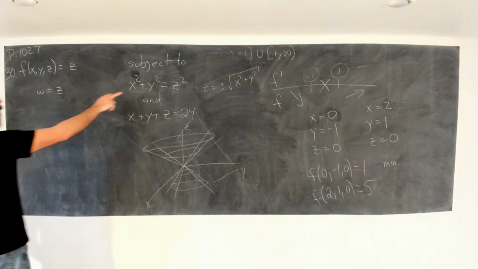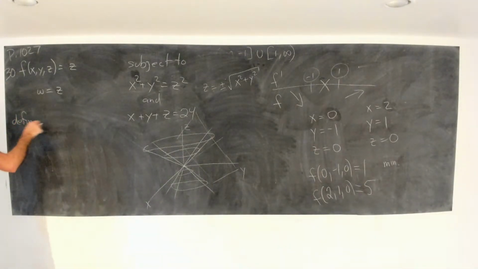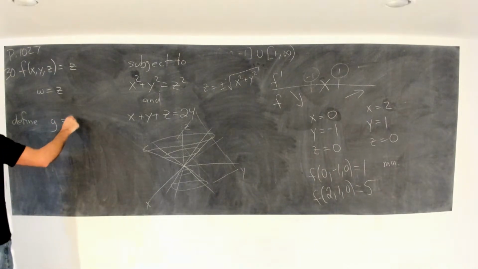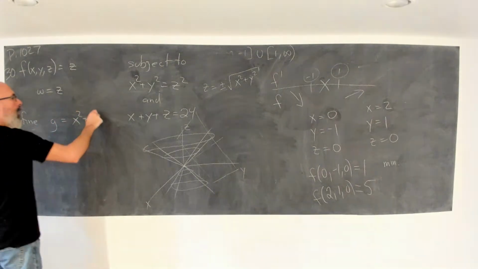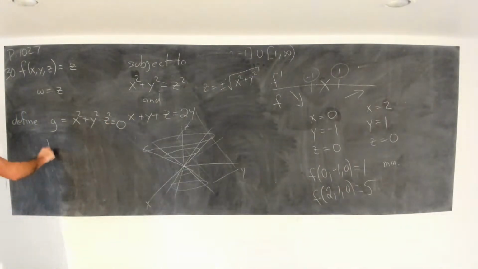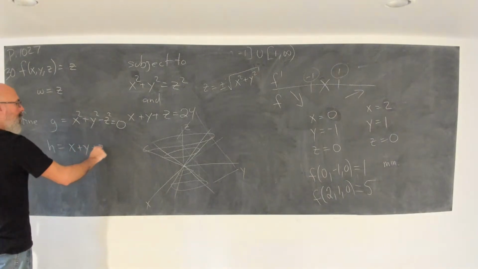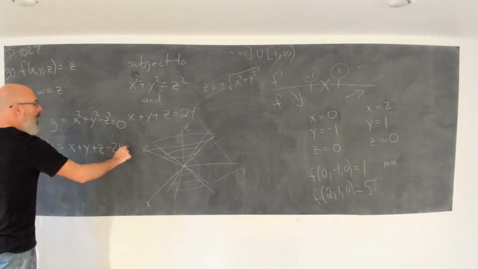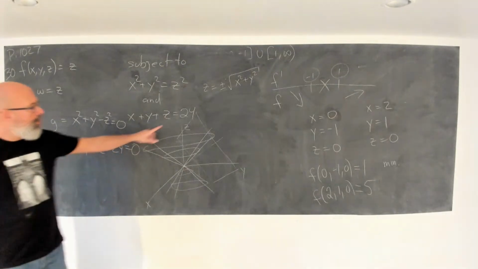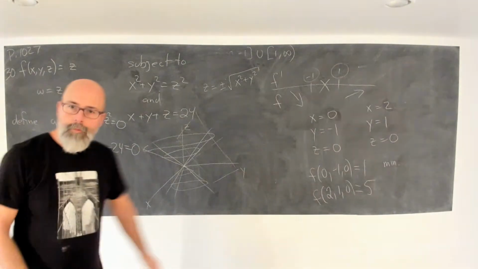All right, so let's define g to be x squared plus y squared minus z squared, and h to be x plus y plus z minus 24. You actually don't need to necessarily bring the 24 to the other side. I mean, that's going to be up to you.